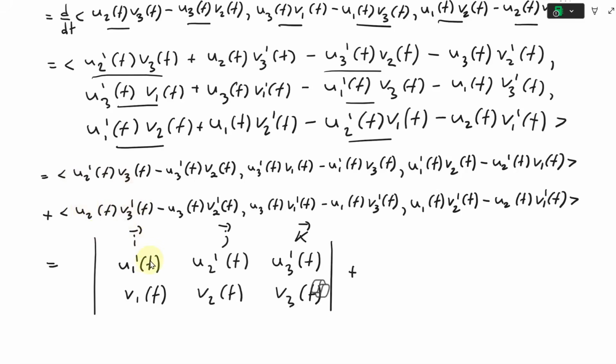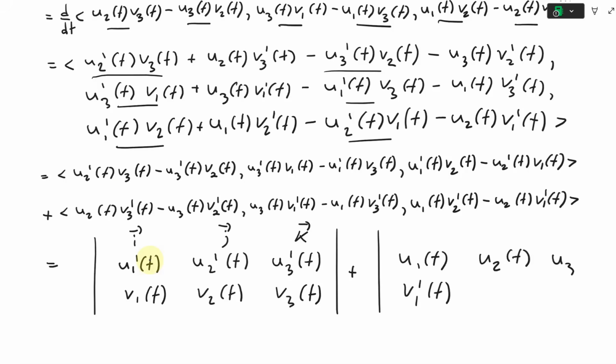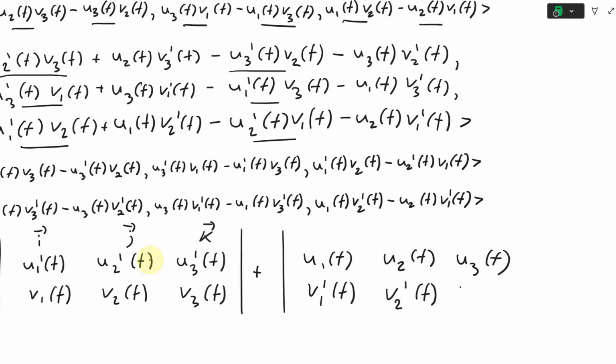So the u's are not the derivative. So we'll have the exact same setup, like this. Make this higher. I'll just do it like this. All right. And this is going to be u1 of t, u2 of t, u3 of t, and then this is v1 prime of t, v2 prime of t, and then v3 prime of t, derivative, like that.